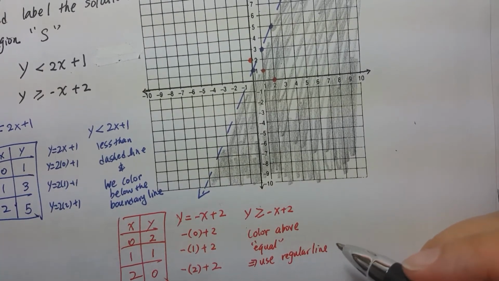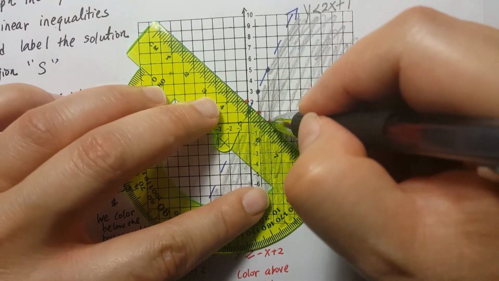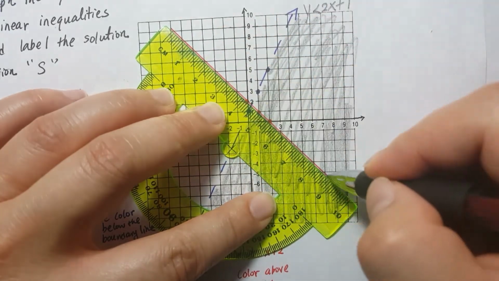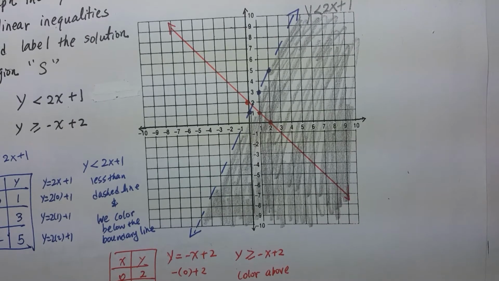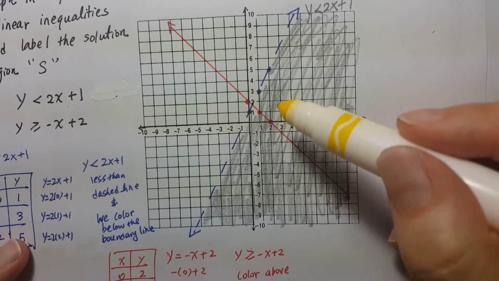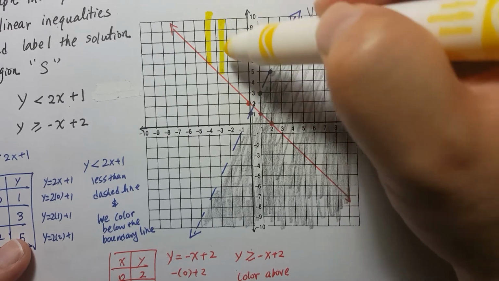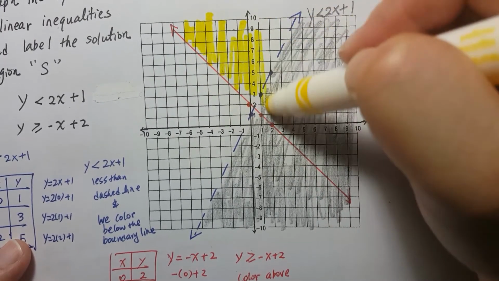So now we are going to connect them with a regular line. And because it is greater than or equal to, we're going to color above. Now I'm going to use a different color here: above, above, above. So that means right here. So we continue to color all of them.